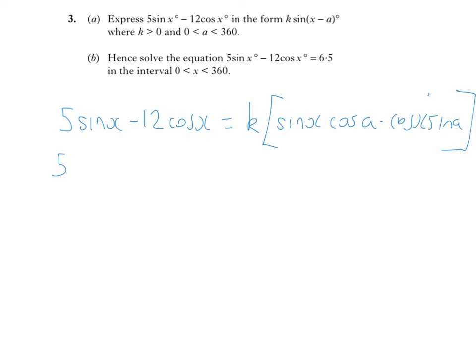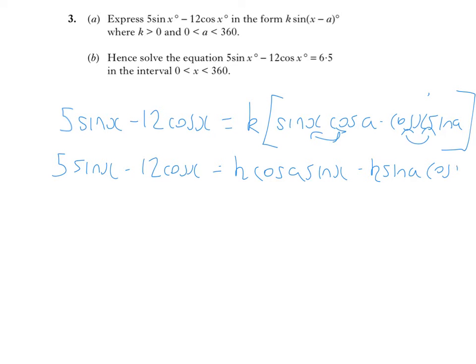So 5 sin x minus 12 cos x is equal to, I'm just going to flip these round as I bring them out, k cos a sin x minus k sin a cos x.